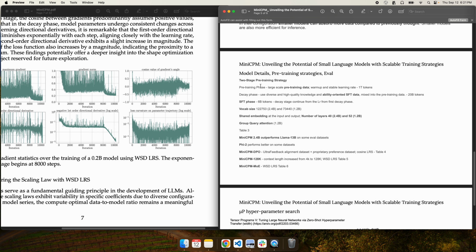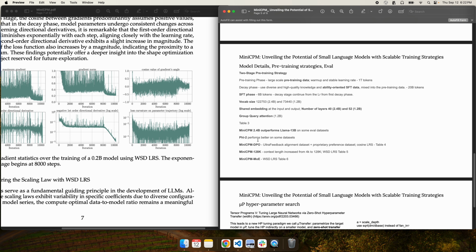So both the models, the 2.4B and the 1.2B, are trained in this way. And the vocab sizes which they use for these models are around 122,000 and 73,000 tokens. And they also have other details, such as they share the embedding layer of the input and the output, and different layers for the 2.4B and 1.2B models.